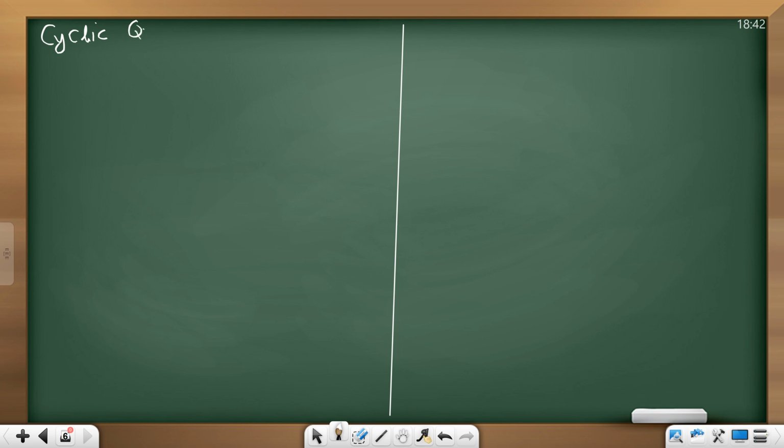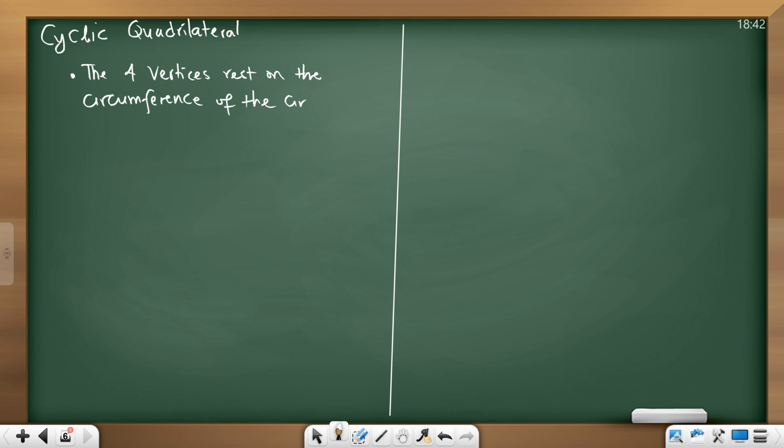Okay, cyclic quadrilateral. Now, please, one thing I want you to see is this. The four vertices rest on the circumference of the circle.